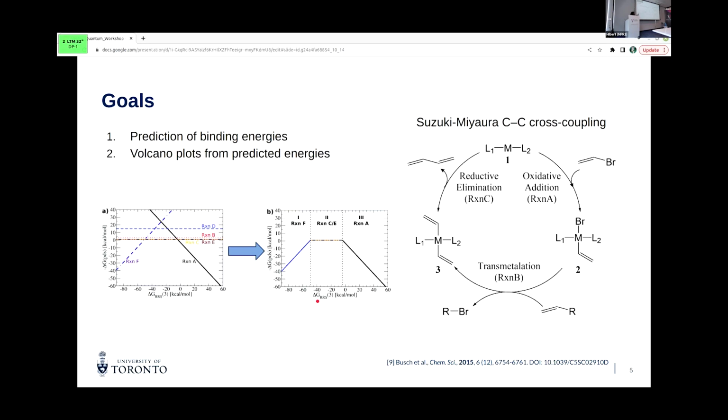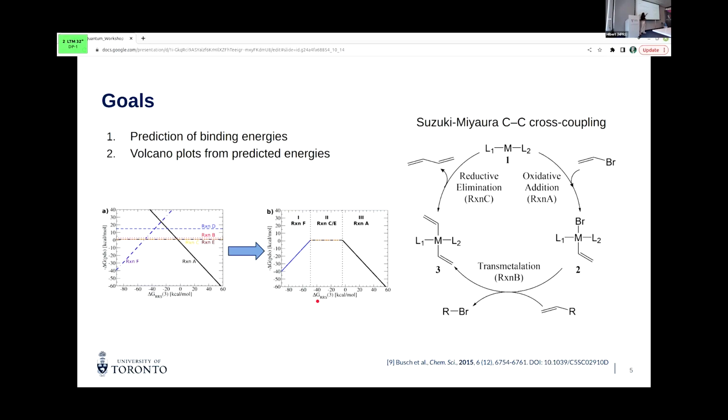Here I have a conceptual picture that shows the method. Say you have a reaction with these many steps. You plot the binding energies of all the steps versus one reference step. They'll cross each other in this way, and you just take the minimum of each region.